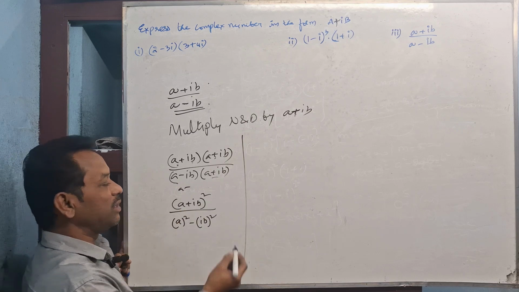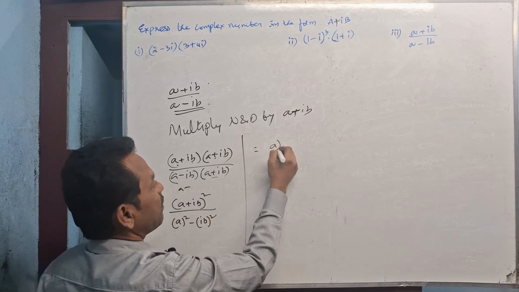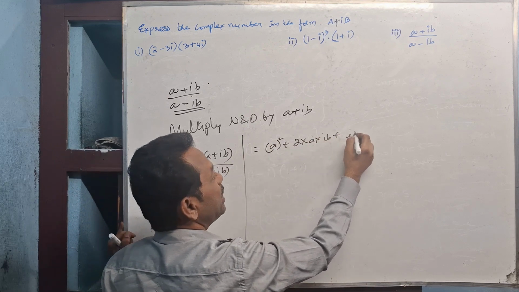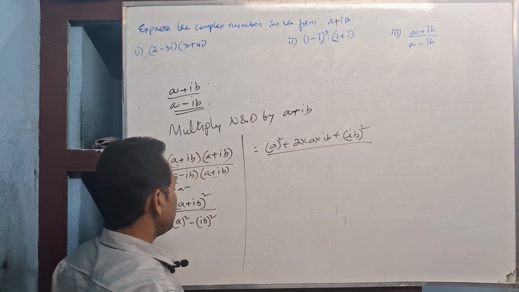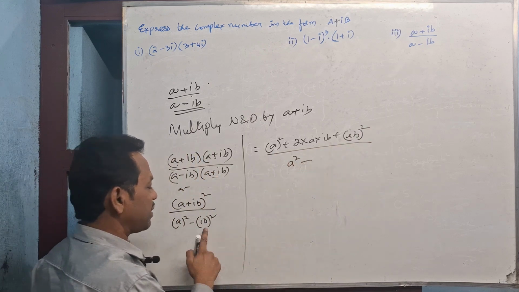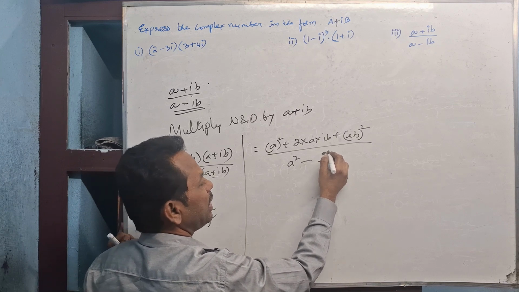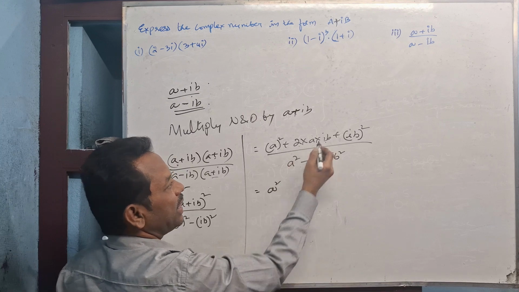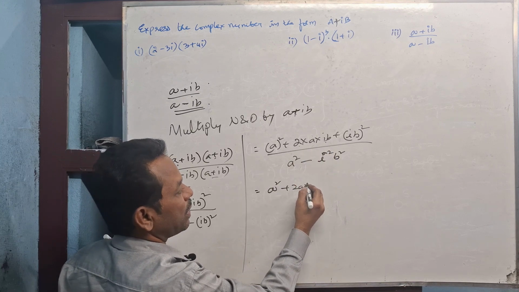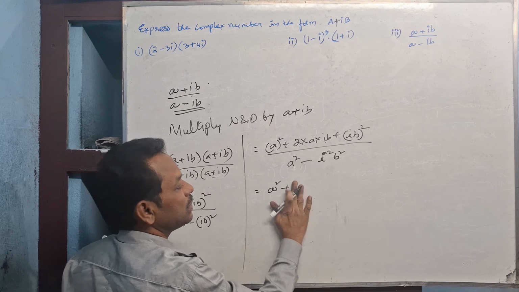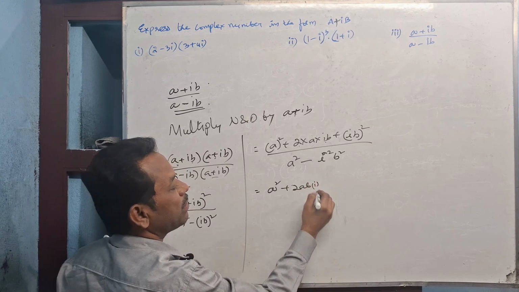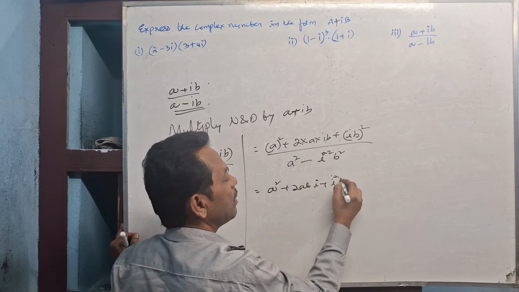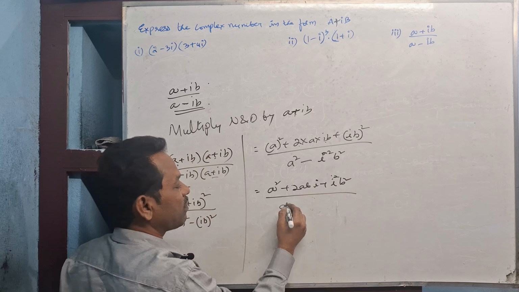So let me expand the numerator: a square plus 2ab, that is 2 into a into ib, plus (ib) whole square, divided by the denominator, where we'll get a square minus i square b square. Let me simplify: a square as it is, plus 2abi, plus i square b square, divided by a square minus i square b square.